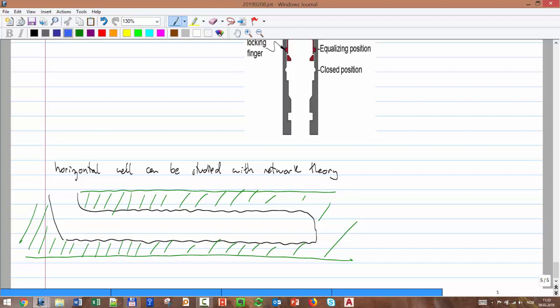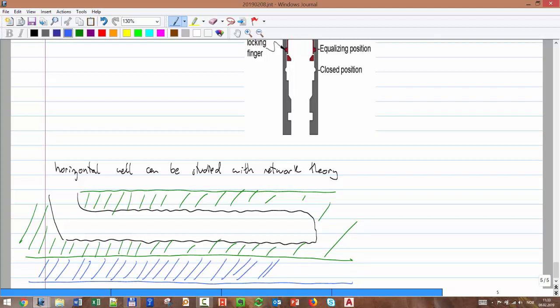Okay, and here let's say I have water. I have an aquifer which is supporting production, and then at the top I might also have gas. We can put the gas if you want.